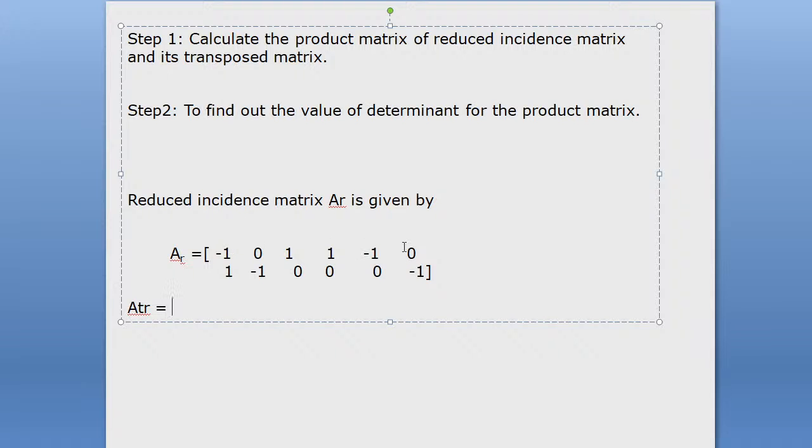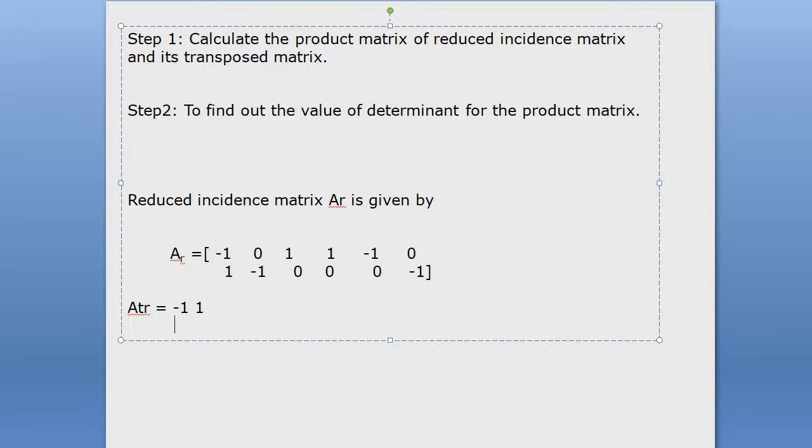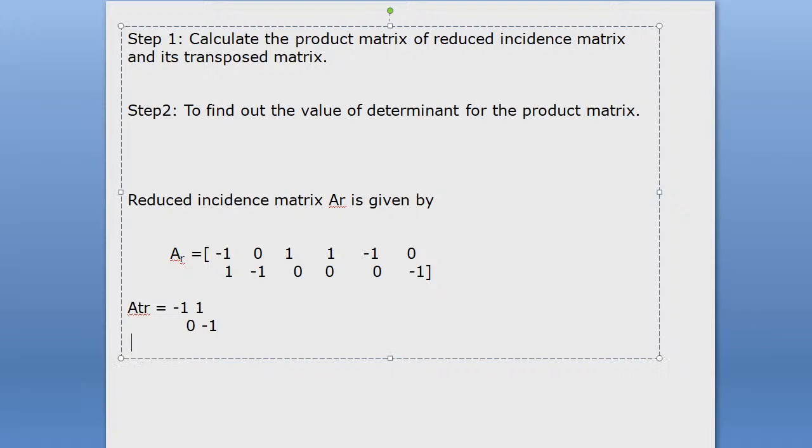This row must be presented as a column. So we can write minus 1, minus 1. Each row becomes a column: you write minus 1 plus 1 minus 1 plus 1, then you write minus 1 plus 1 0 minus 1.